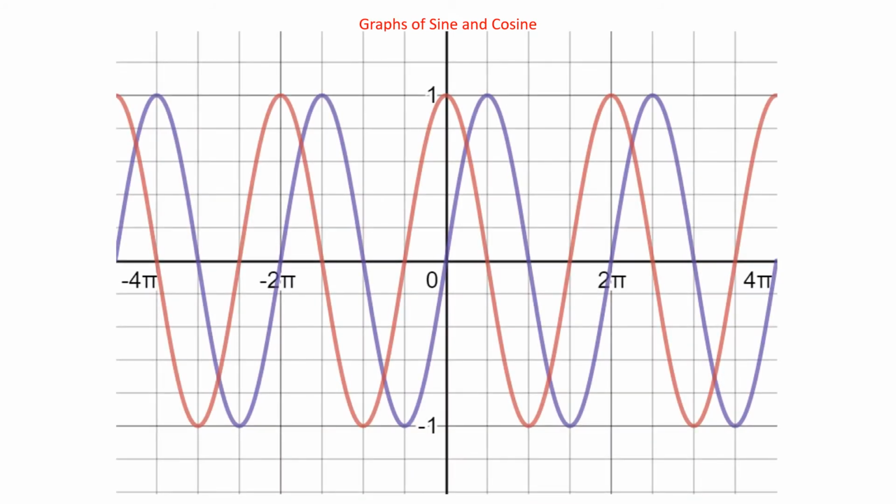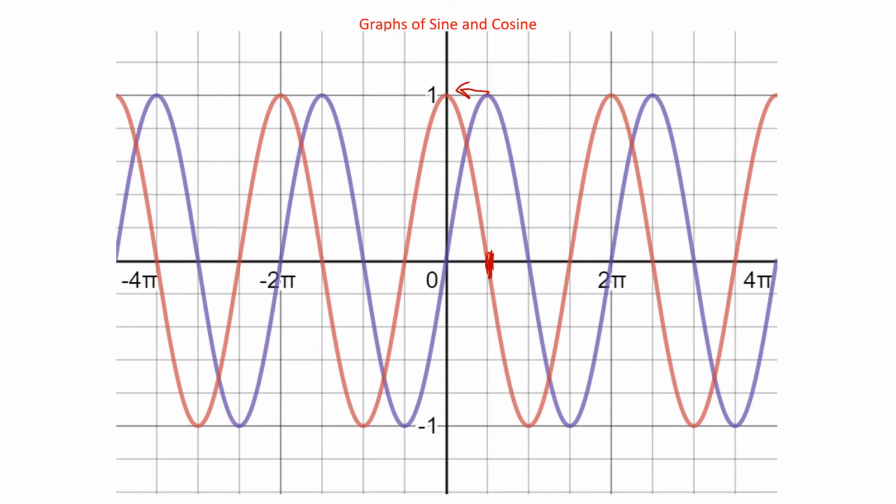So if we look at these, the blue one is the sine and the red one is the cosine. See how similar they look? So this would be pi over 2. So if we took the sine function and shifted it that way, pi over 2, we get the cosine function.